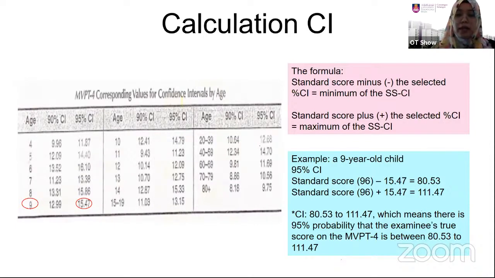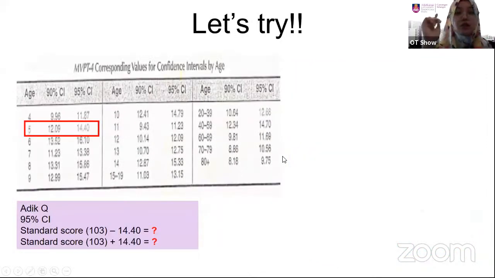Okay, so kita akan tahulah 95% probability that kanak-kanak punya true score ataupun true ability dia on MVPT4 ni between 80.53 to 111.47. Within.